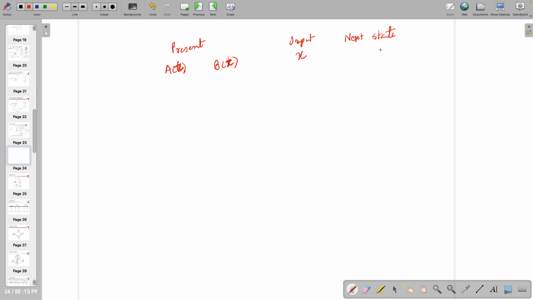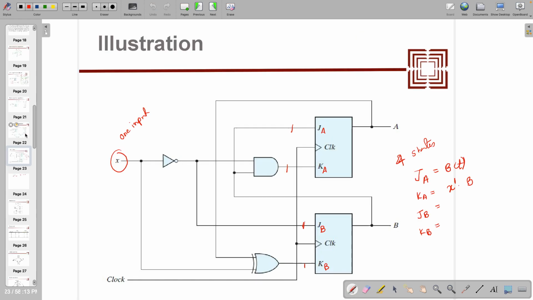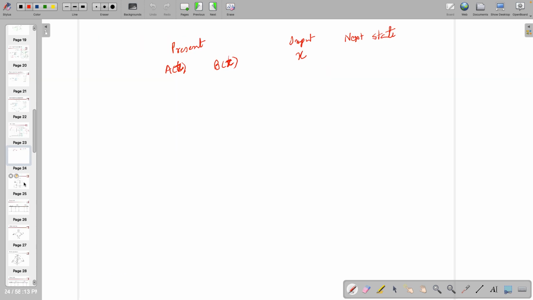Next state is only possible with, what do you need for having the next state? You know the value of J and K, so you need to write down that.